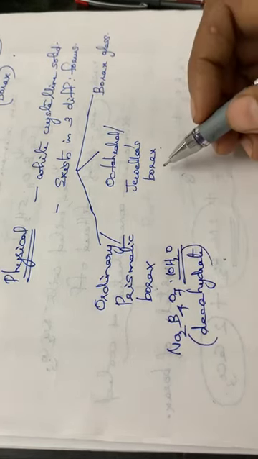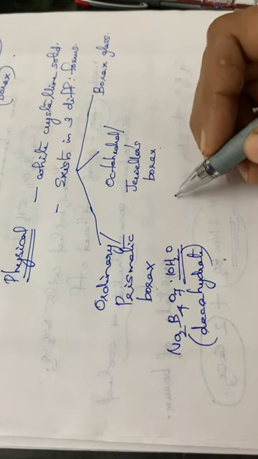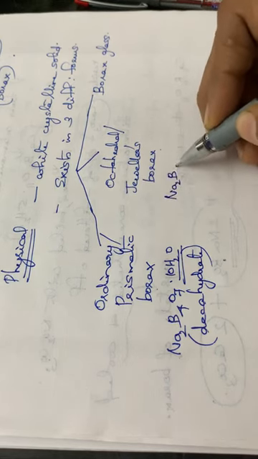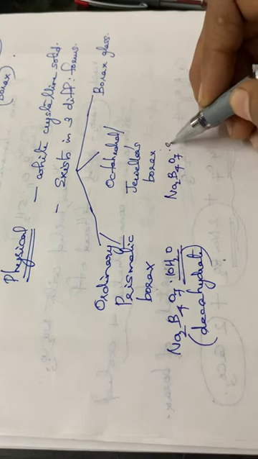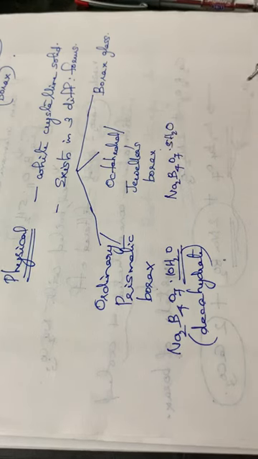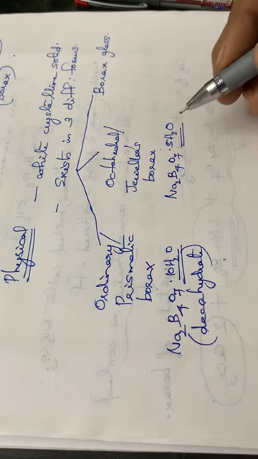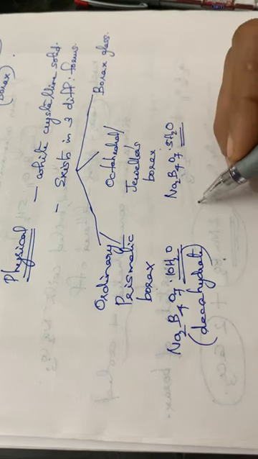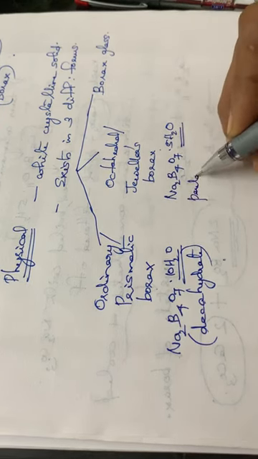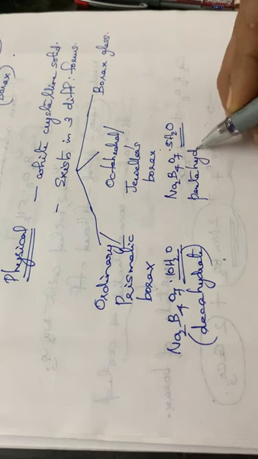Then the next one, octahedral or jeweller's borax, has the formula Na2B4O7.5H2O. Only 5 molecules of water of crystallization, so we can call it a pentahydrate. Penta represents 5, isn't it?